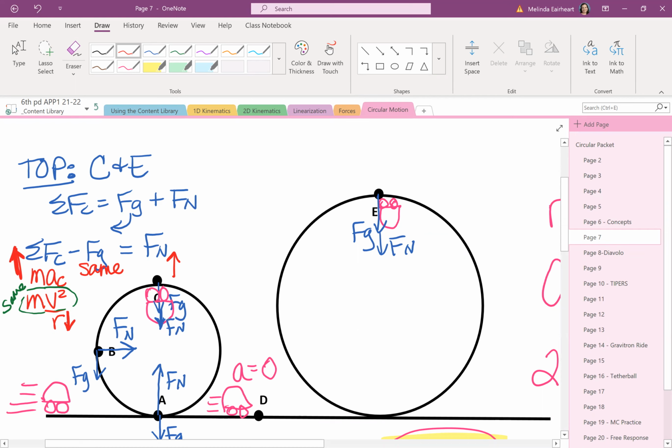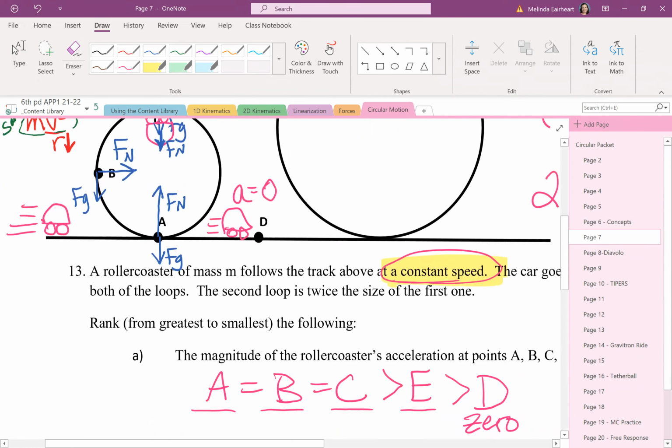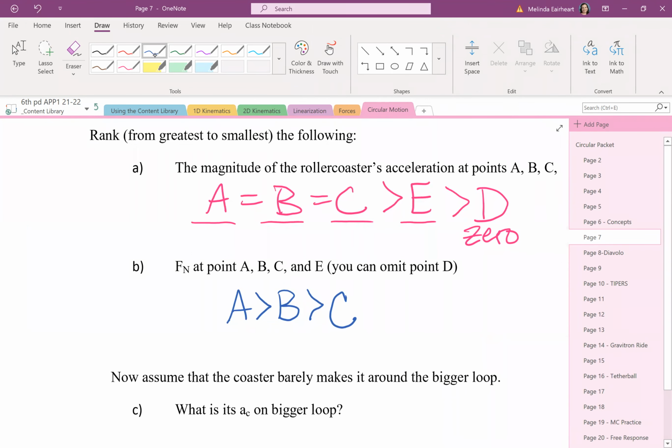And so the normal force of C should be greater than the normal force of E. Okay. And so where are we going to put E in the ranking? Well, it would be there at the end, okay? And D is omitted, mainly because the other locations add or subtract your weight. This one, it's equal to the weight. I mean, we could throw it in there, but the focus was the loop ones, okay?